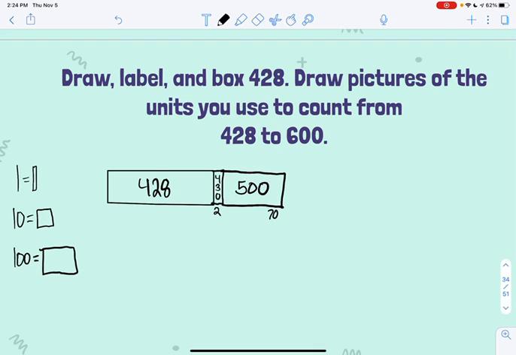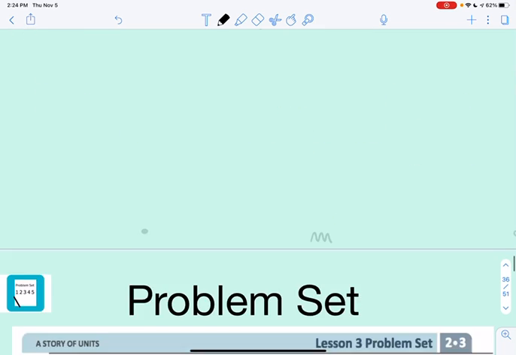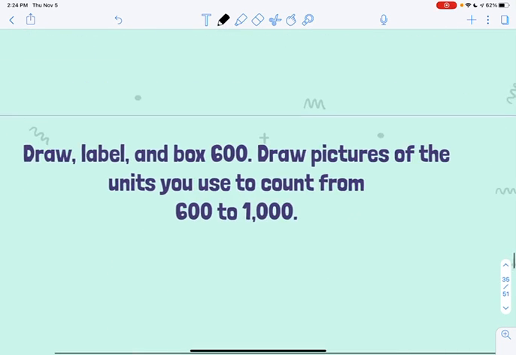Now we're at 500. How many more do we need to get to 600? Well, if we have 500s, we need one more 100 to get to 600. All right, awesome.